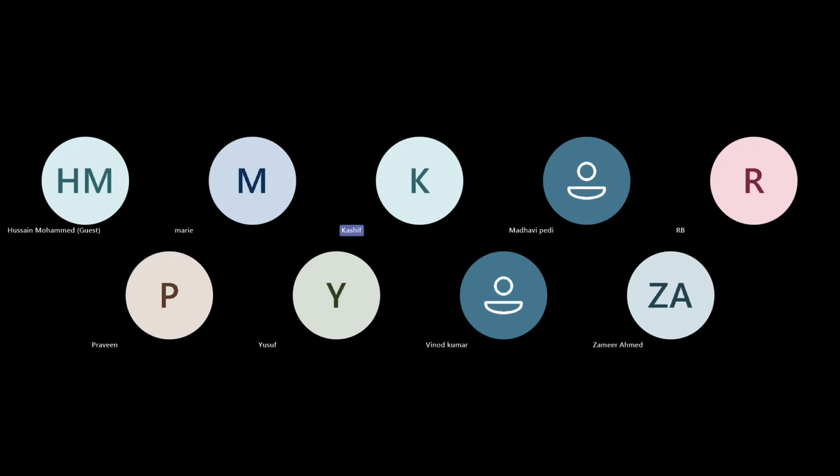For example, if I join your organization, you will give me kashif@intlab24.onmicrosoft.com. Companies don't use the Microsoft domain. They have their own personal domain, for example google.com, yahoo.com, timesofindia.com. These are personal domains.